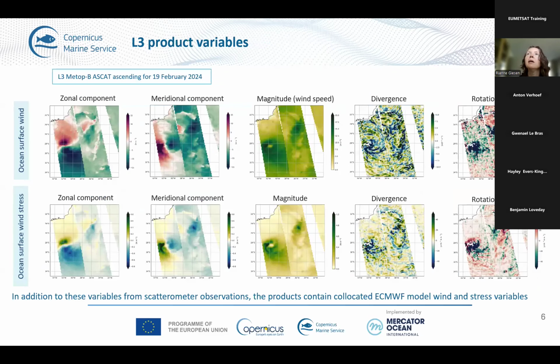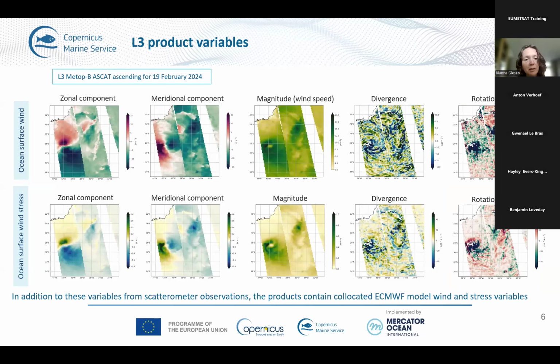So this is an overview of the variables that we provide in the product. We both provide ocean surface wind, but also ocean surface wind stress, which is calculated from the wind. And then we provide the vector components, so the zonal eastward and the meridional northward component, the magnitude, and also the spatial derivatives, which are divergence and the rotation, which can also be very interesting for certain applications.